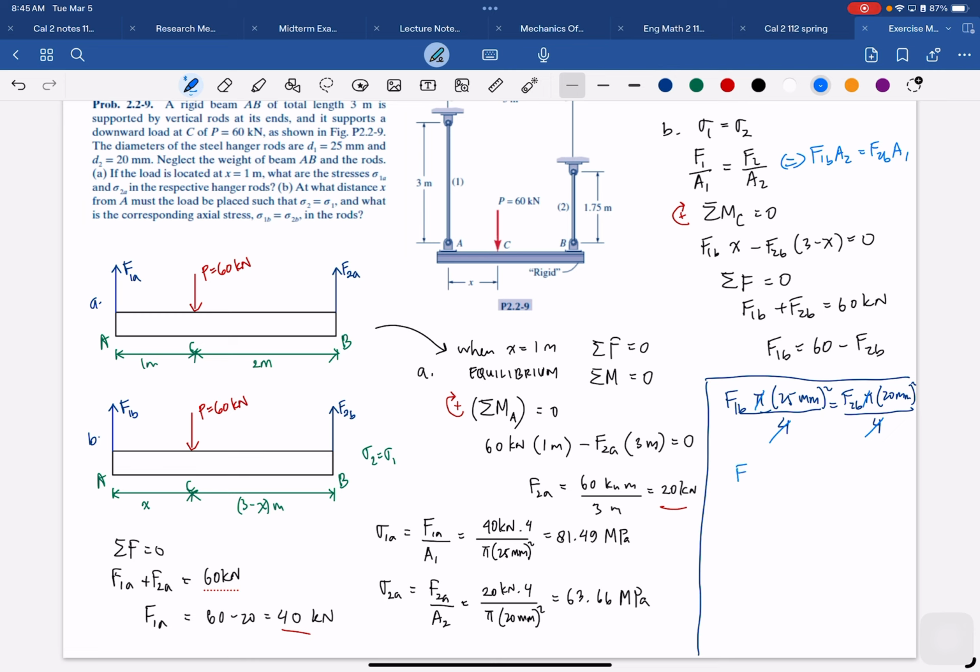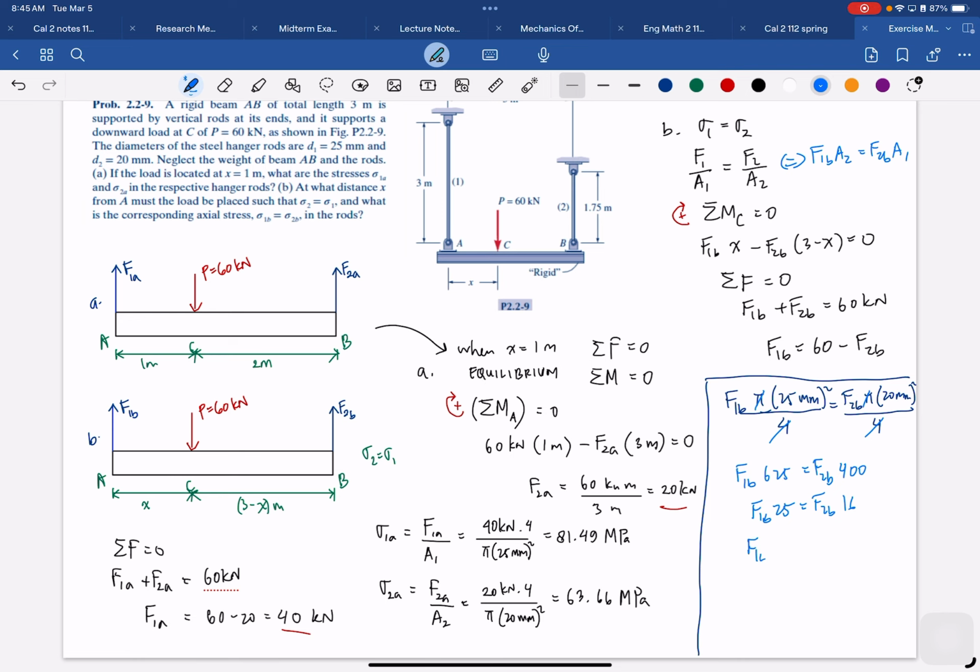So we have F1B 625, F2B 400. So we can have, this is 25, this is 16.